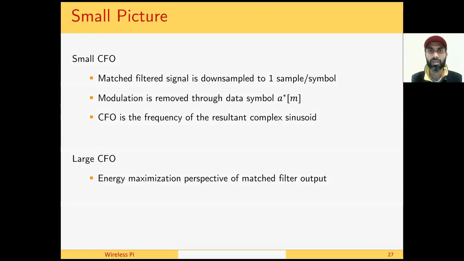Just like in the case of carrier phase offset, which was a constant complex number, here it is a complex sinusoid, the frequency of which is the carrier frequency offset we desire. For a large CFO, the energy maximization perspective comes into play, which can be achieved through a derivative frequency error detector or a band edge FLL, or many other techniques are also possible.